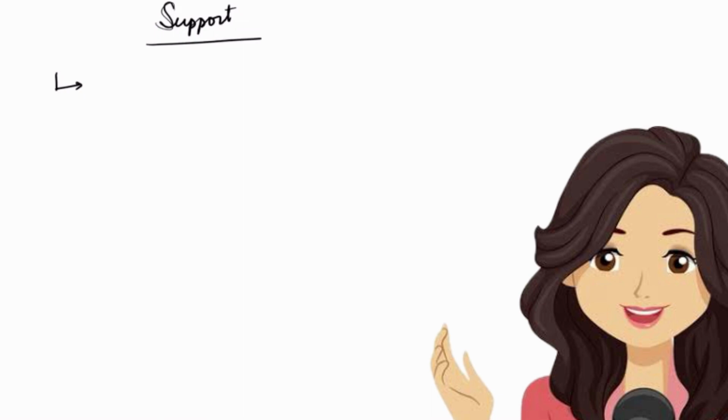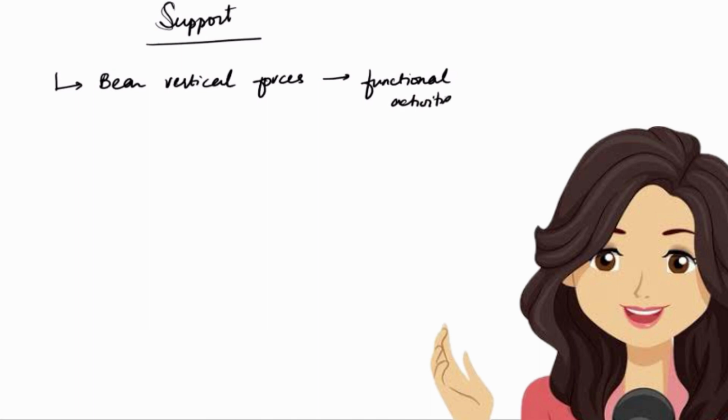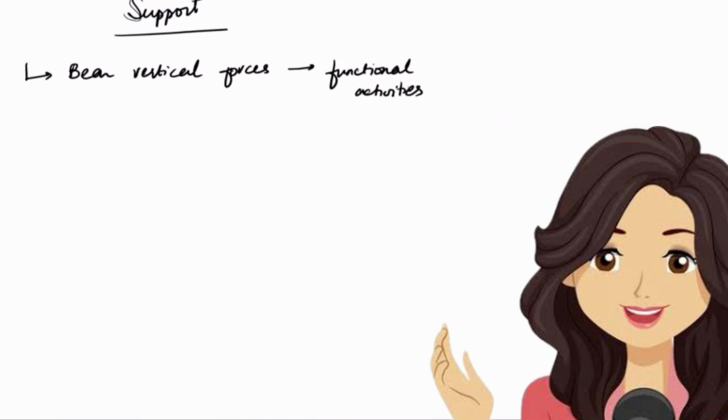Support is that property in a prosthesis that will help bear the vertical forces that are generated during different functional activities. I'm trying to explain it to you in my own native words rather than the exact GPT definition. So these functional activities could be swallowing, speech, and chewing.